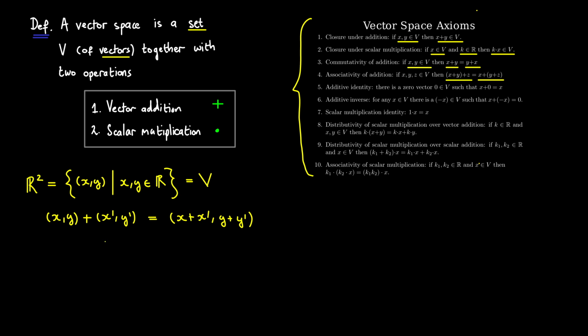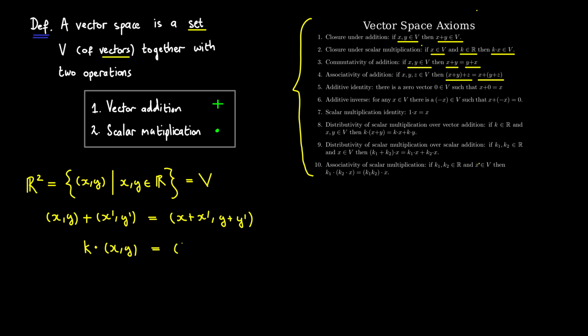The scalar multiplication is quite similar. The way that we take a number, k, let's say, and scalar multiply a vector by that number is, again, we want our axiom 2 to hold. So from this number and this vector, we need to produce another vector, another pair of numbers.